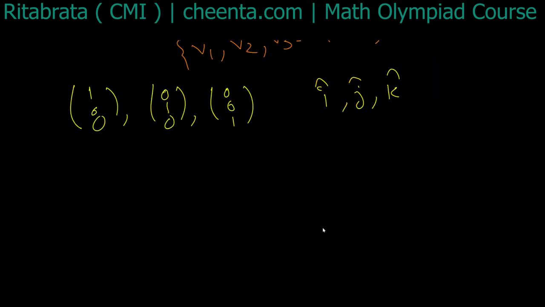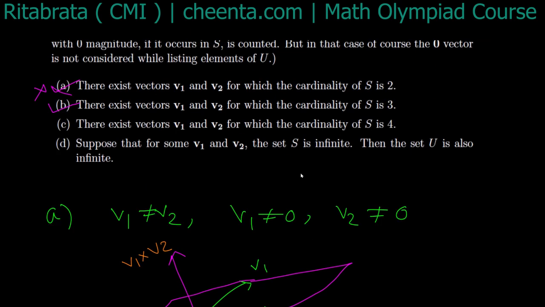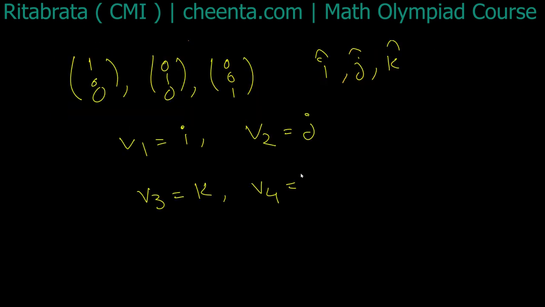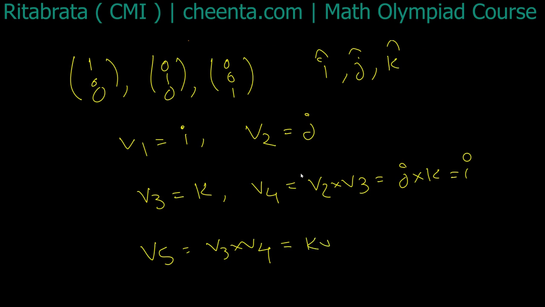We define v1 to be i, v2 to be j, then v3 equals i cross j, that is k. v4 equals v2 cross v3, that is j cross k, that is i. v5 equals v3 cross v4, k cross i, equal to j, and so on.